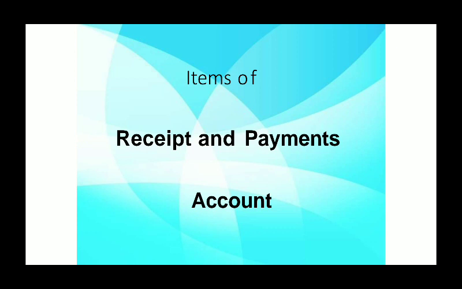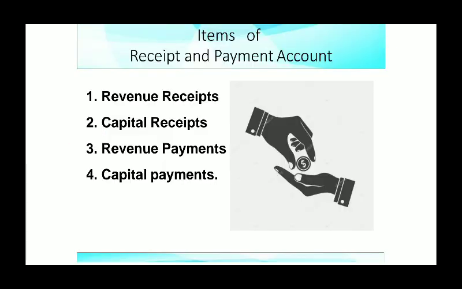Now, items of receipts and payment account: on the receipt side you will get revenue receipts and capital receipts, and on the payment side you will get revenue payments and capital payments. Revenue receipts and revenue payments are of recurring nature and they are the actual expenditure to be incurred in order to run the organization.